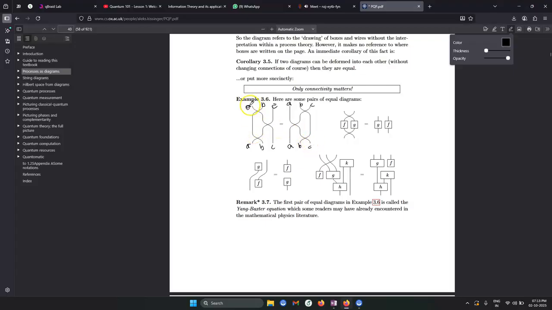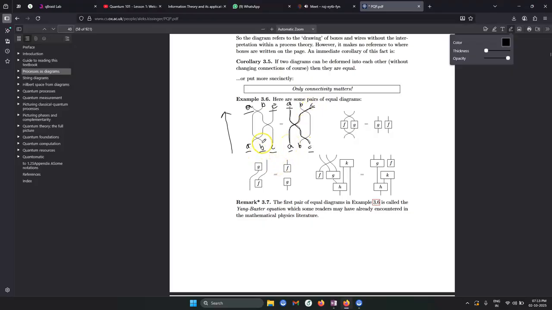So over here you can notice, let's look at it from bottom to top. C as an input gives us A as an output. Similarly over here, C as an input gives us A as an output, just following this line. Similarly, A as an input gives us C as an output, again tracing this line.